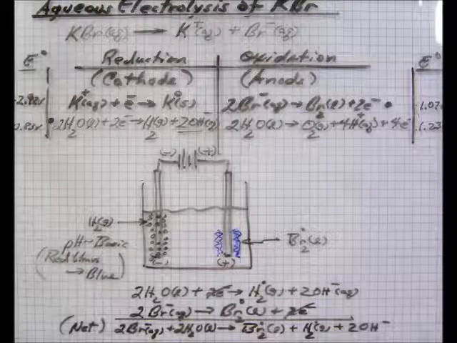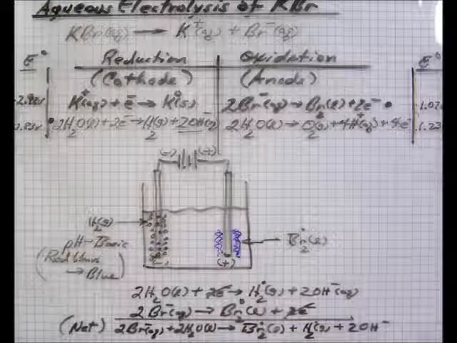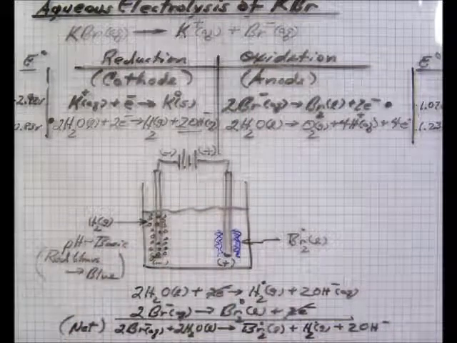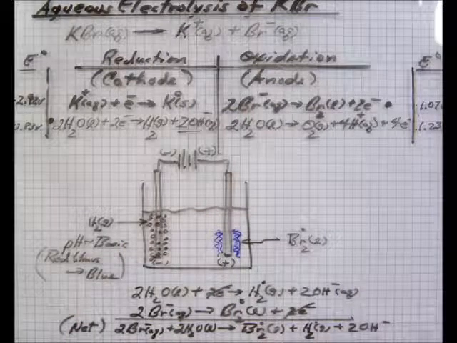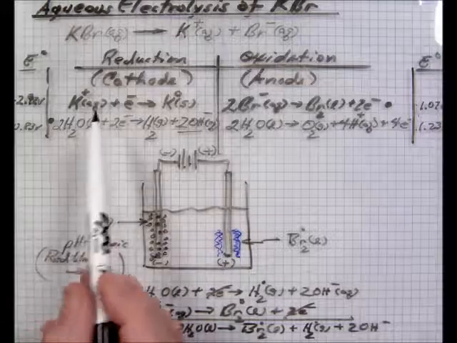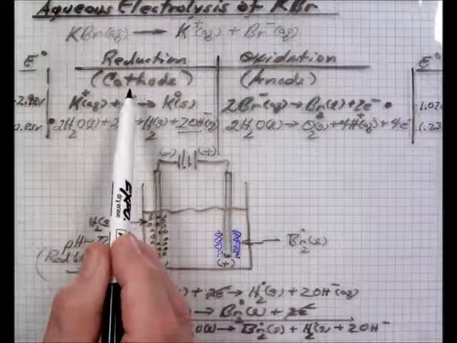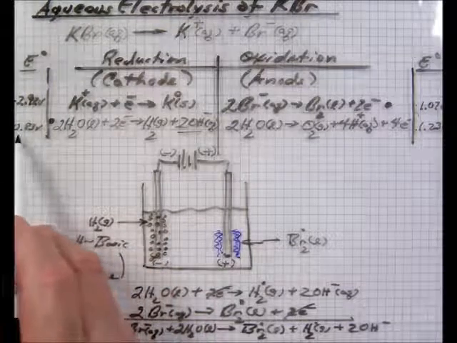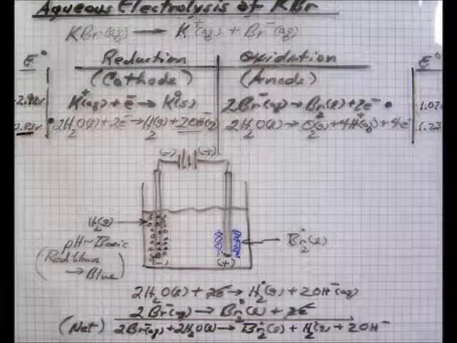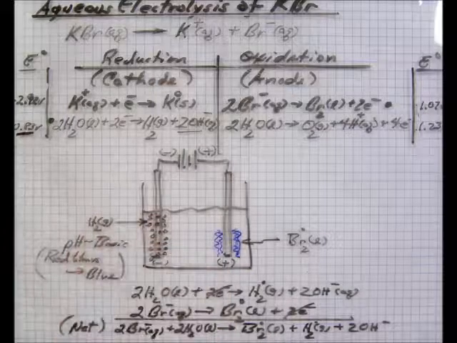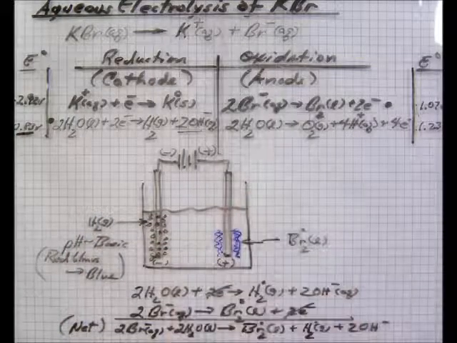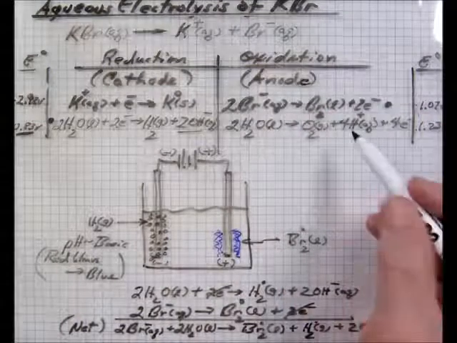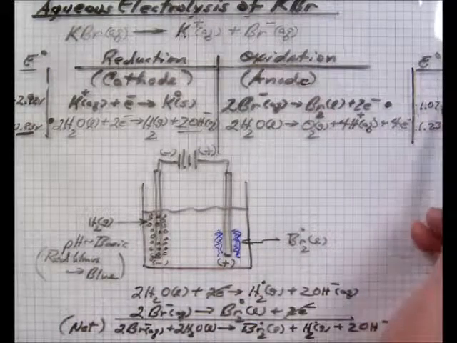Okay, now I've written down each of the reduction potentials for the reactions from the reduction potential table, and what you need to remember is that on the reduction side, or the cathode, what you're looking for is the more positive value, which dominates the reaction, and on the anodic side you're looking for the more negative value.